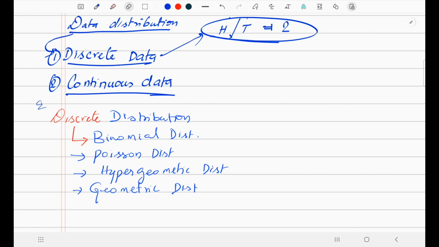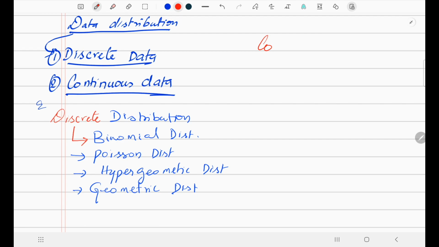And similarly, in continuous data, actually, sorry, it's not data, it's a distribution. In continuous distribution, we have several categories, several types. First one is normal distribution.